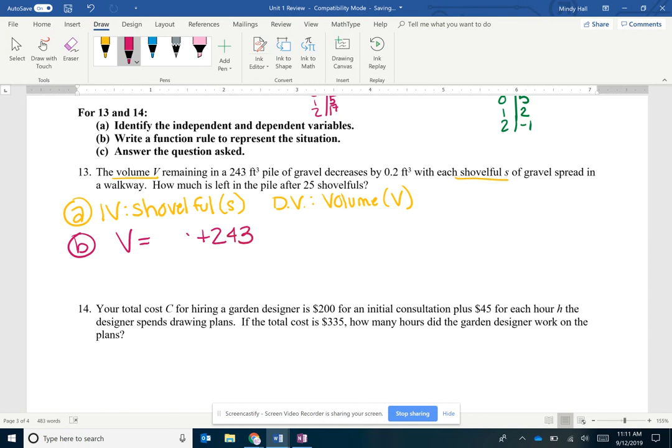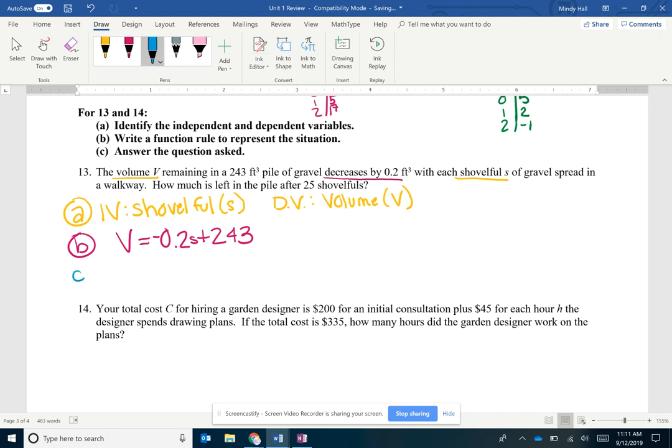My shovelfuls are like my x, and then I'm decreasing by 0.2, which tells me it's negative 0.2 s. I'm going to rewrite it so that it's a little bit prettier. Okay, there we go, close enough.